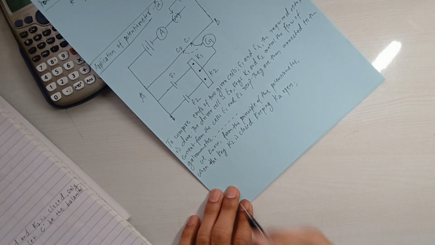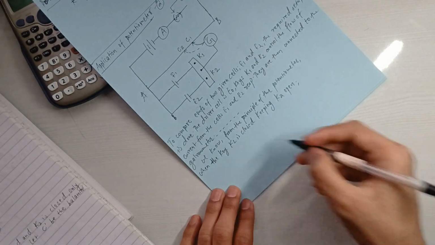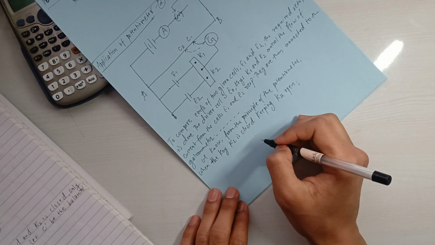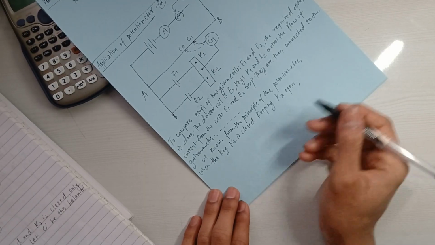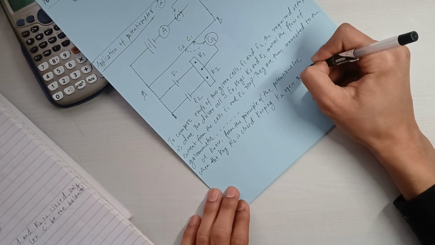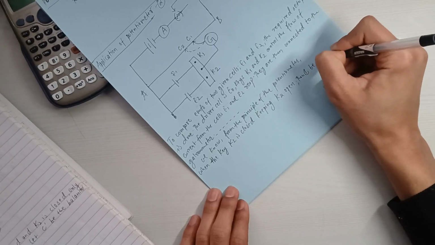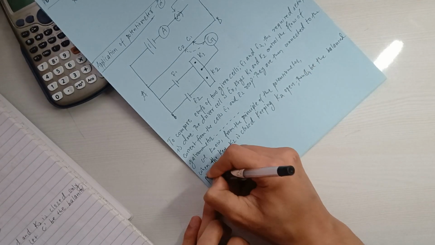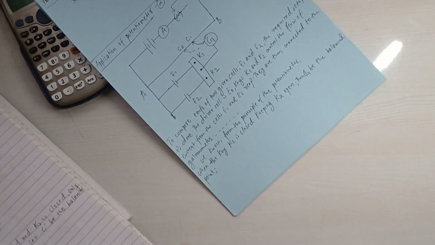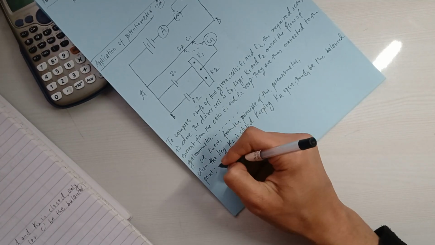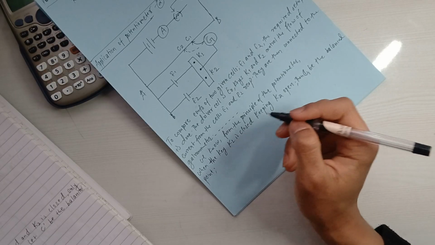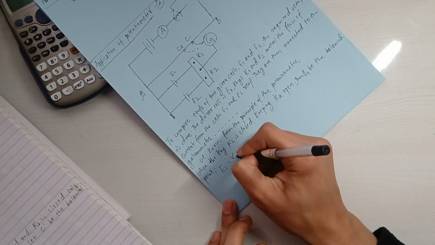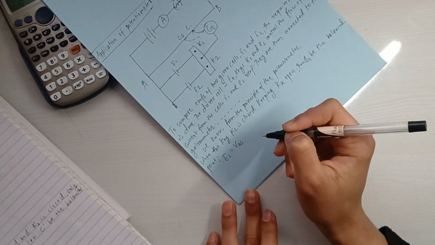Let C1 be the balance point. Then E1 will be equal to VAC1, the potential across AC1.